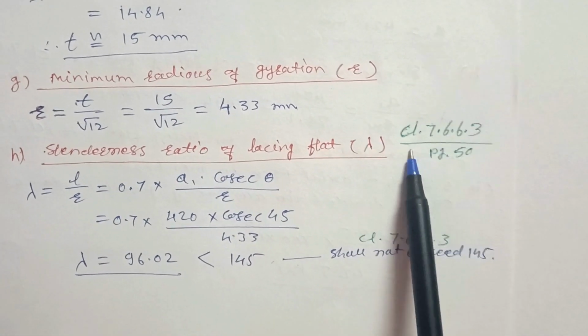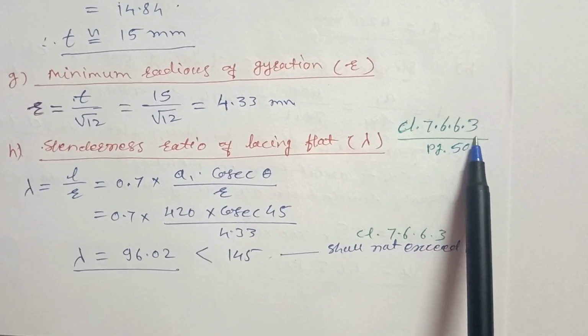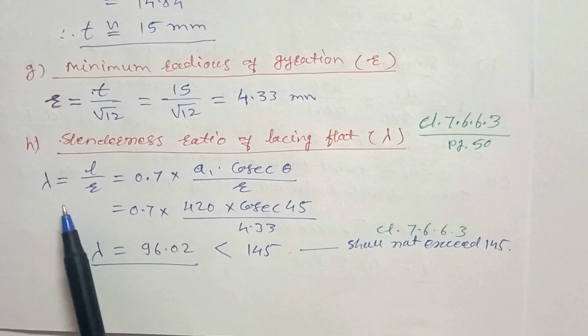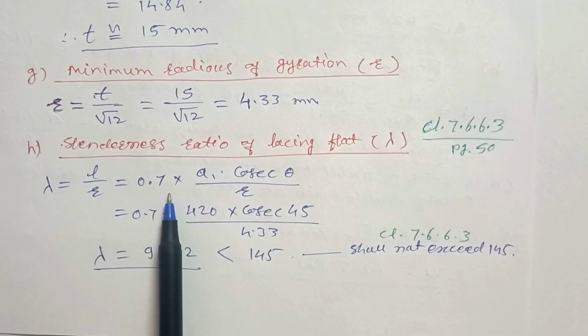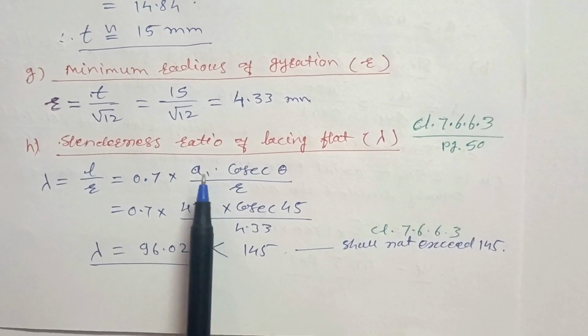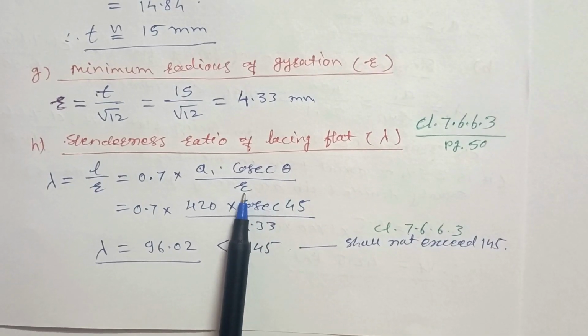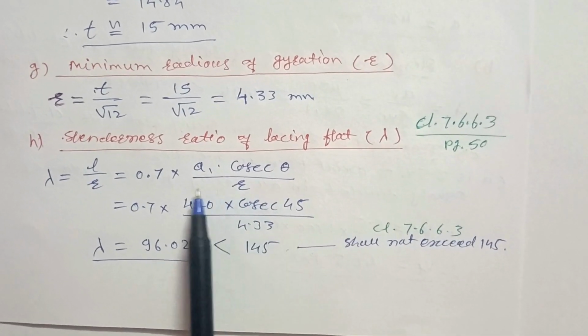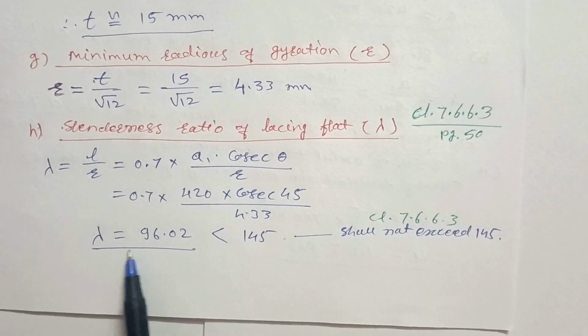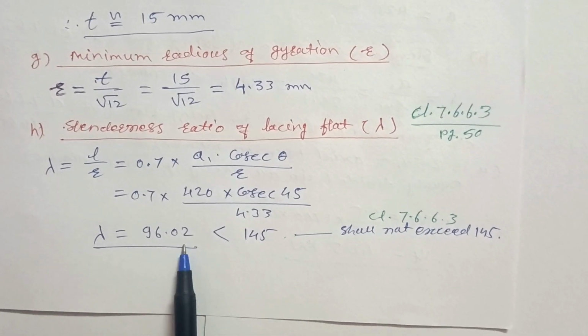It is also given in clause number 7.6.6.3, page number 50 of IS 800. The slenderness ratio L by R is 0.7 into spacing of lacing cosec theta divided by radius of gyration. Through this formula, just put the values, and we get the slenderness ratio, that is 96.02.